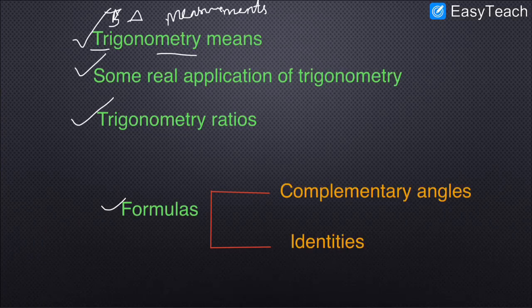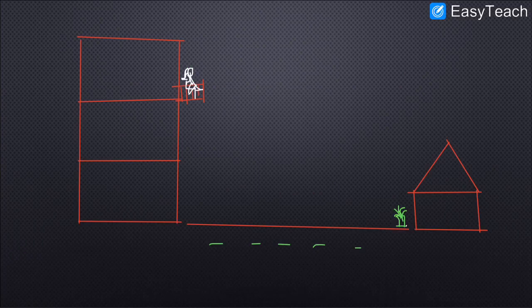Next, some real time applications of trigonometry. To explain this, I take an example from your textbook. Here a girl is sitting in a balcony located on the bank of a river. On the other side of the river there is another house. Suppose the girl is looking at a flower pot kept outside that house at a certain angle.